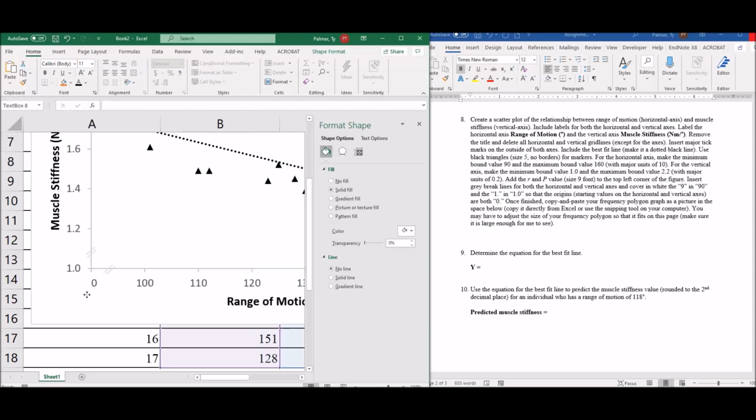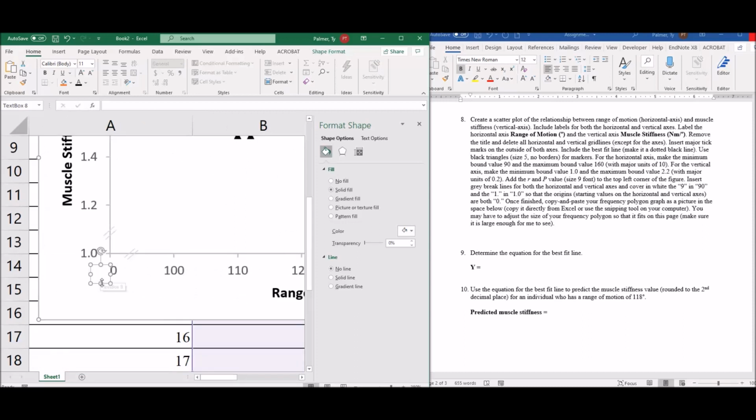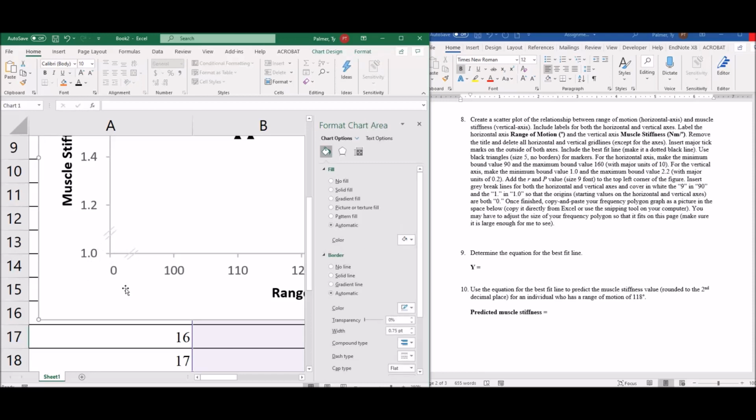And then you can kind of see what I'm doing here now. If you need to, you can zoom in. It's kind of difficult when you're working with these small shapes. Then you can cover up that 9 and the 90. So now what does it look like? Now you see what I'm saying in the instructions. Basically, we're having the starting point at 0.